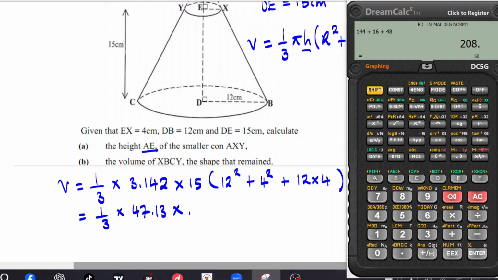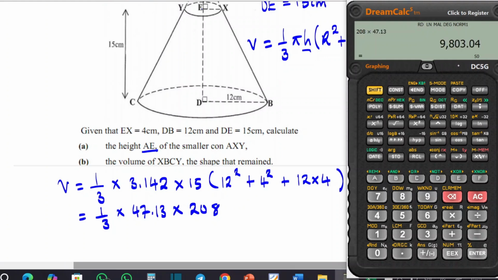So 208. I've done everything inside here. If I want, I can repeat: 12 to power 2 plus 4 to power 2 plus 12 times 4, which is 208. Now that 208 times 47.13.